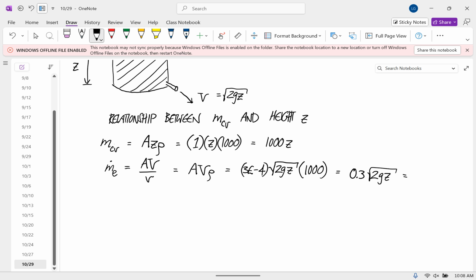So square root of 2 times 9.81 is 4.43, and then I'm multiplying that by the 0.3. So this comes out to be 1.33 times the square root of z. So I'll write it like that.